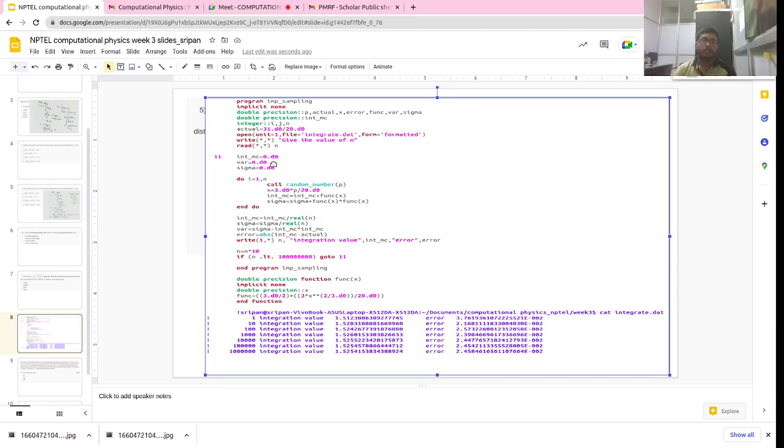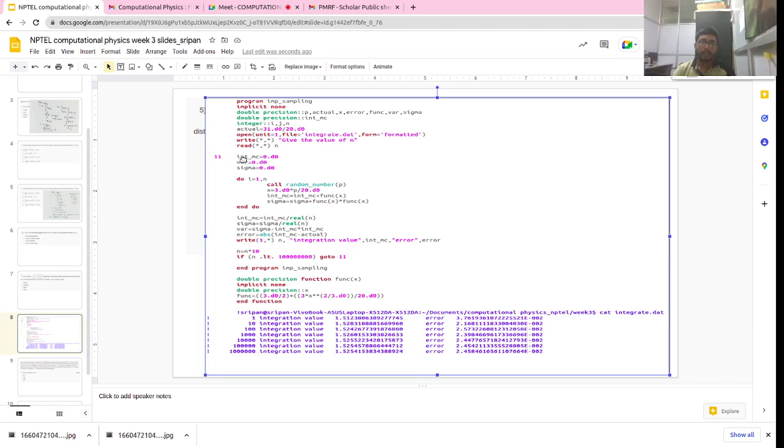Okay, so firstly we give the user the chance to enter the value of n, and then we label this line to be say 11. You can take any number except 5 or 6. Okay, you can take 7, 8, 9.